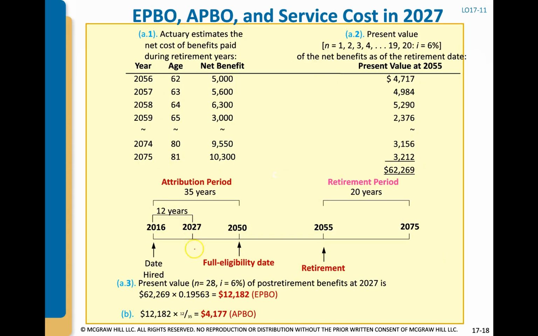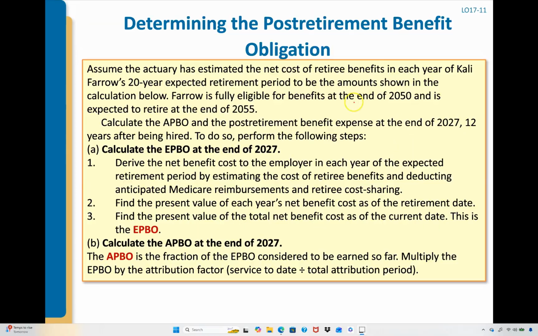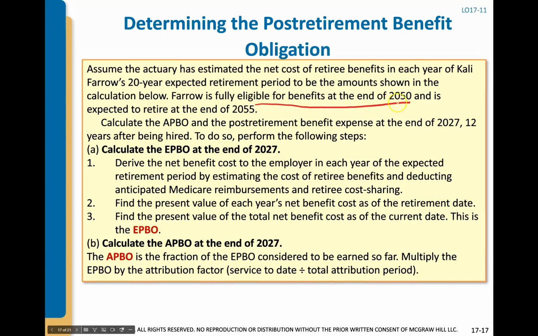On the balance sheet, I need to record a fraction of that based on the number of years of service that this employee has already worked, divided by their total attribution period. We've determined that the attribution period is 35 years because that is from the date of hire to the eligibility date, which we were told is they got hired in 2016, and the eligibility was the end of 2050.